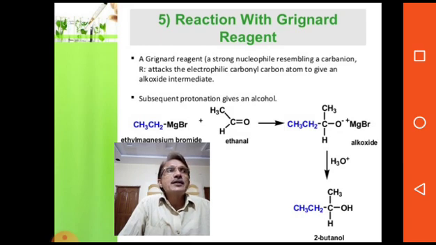As you know, alkyl magnesium halide is known as Grignard reagent. In this alkyl magnesium halide, R minus MgX plus, R minus is a nucleophile. Subsequent protonation gives an alcohol.